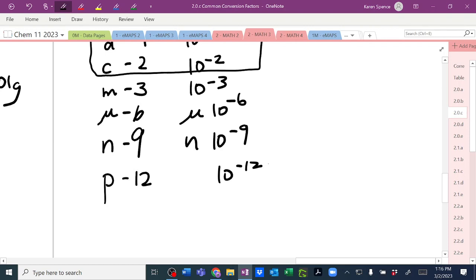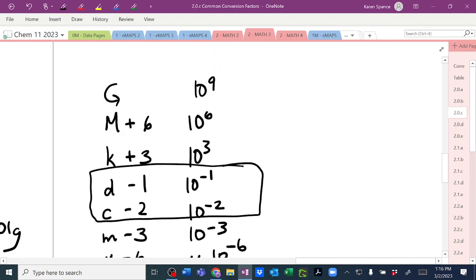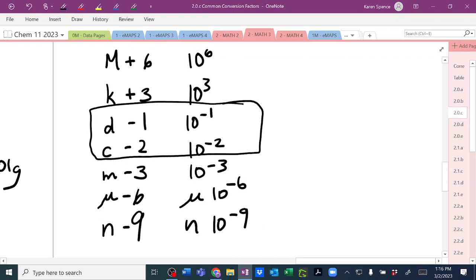So they all go by 3s except for the centi and the deci. But you don't need to know any of those other than the ones that we have listed for you there. Those are the ones that you need to know. And you need to know them by Tuesday because you will be expected to use these conversions in your quiz.